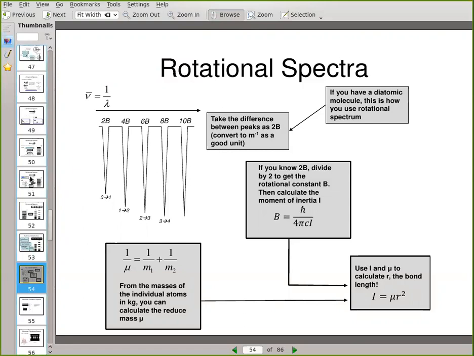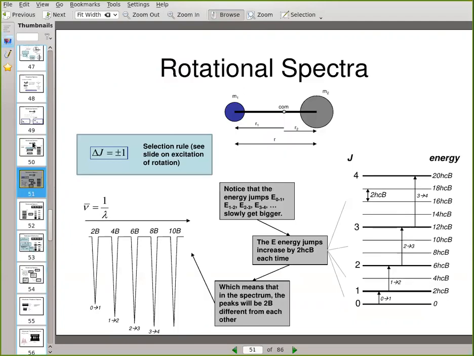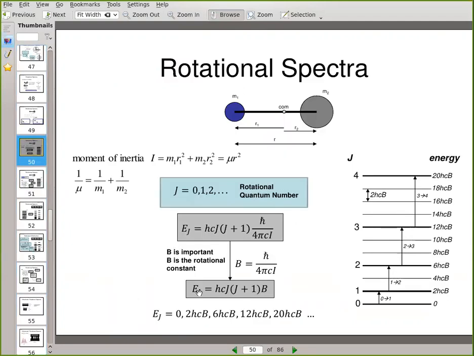And the energy levels are given by E_J = hc B J(J+1), where J goes from 0, 1, 2, 3. That's your energy levels. And of course, B is tidying up a whole lot of constants together with the moment of inertia. That's the first thing. So your rotational energy levels are given by this expression here.